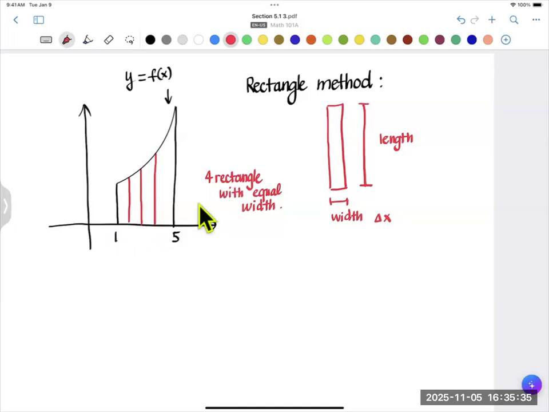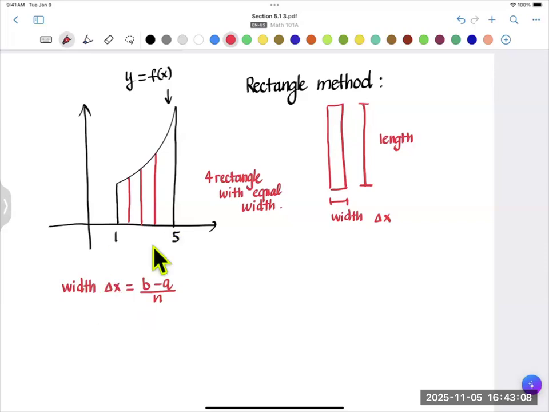Since we divide into 4 rectangles, my width, called delta x, is b minus a over n. What are b and a in this case? In this case, b is 5 and a is 1.